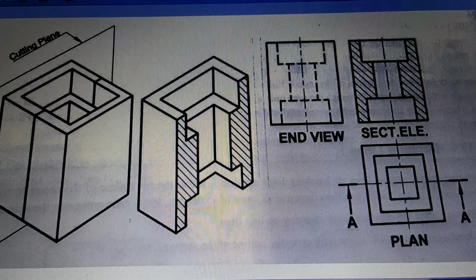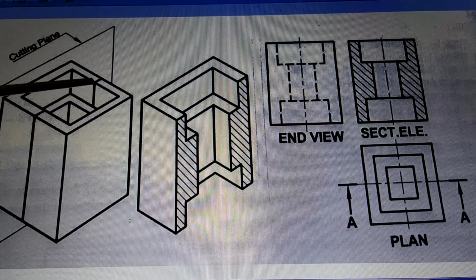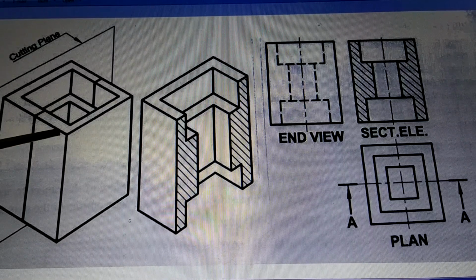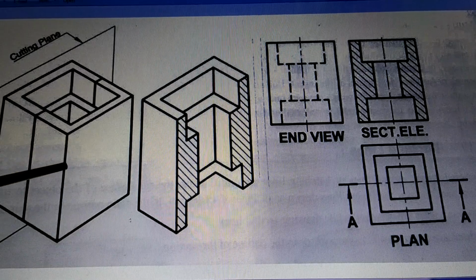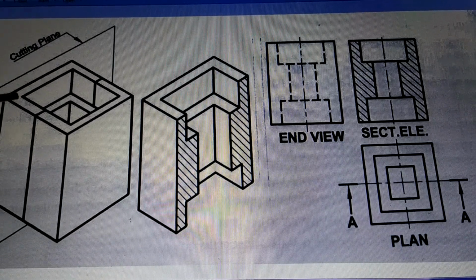With this cutting plane, the object is cut into two parts. Since the observer is looking in this direction, this half of the part is removed and the back part is retained.